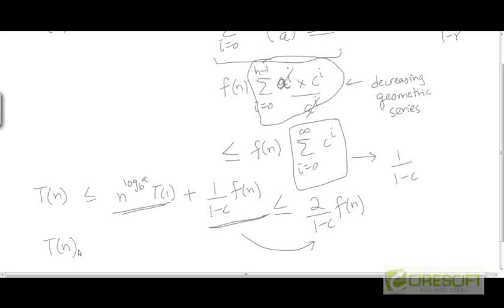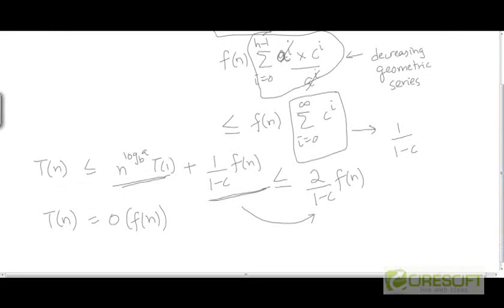So T of n is bounded from above by some constant multiple of f of n, and so T of n is in big O of f of n. Since we have already proven that T of n is in big omega of f of n, we can conclude that T of n is theta of f of n.